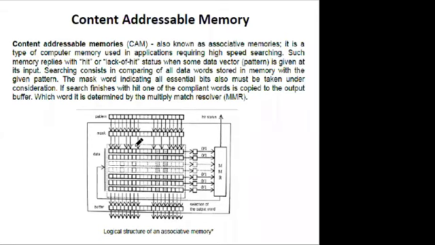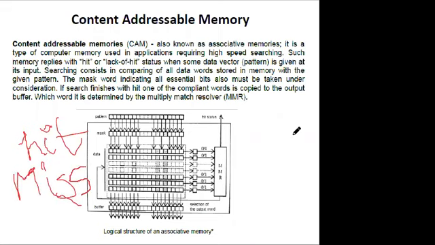Suppose for this case, how do we access this memory? So this memory just works on either it hits the data or it misses the data. So this is known as content addressable memory. Some data has been stored for some reference in this memory, say, and a particular address has been generated by the processor.